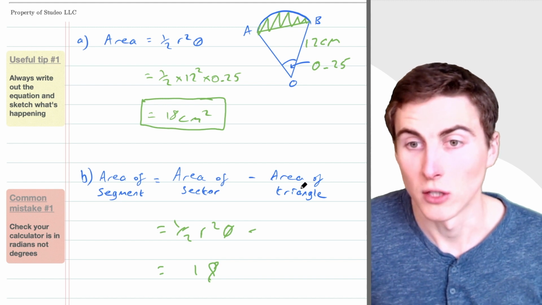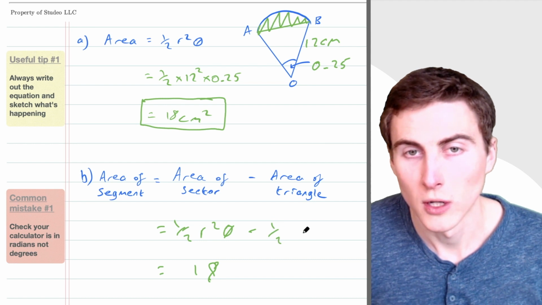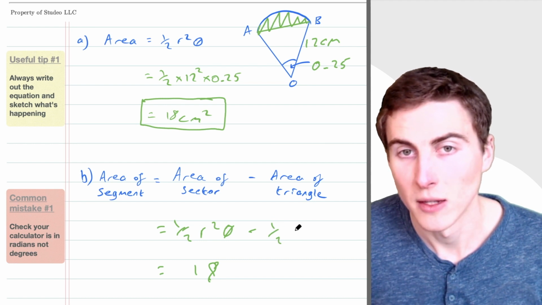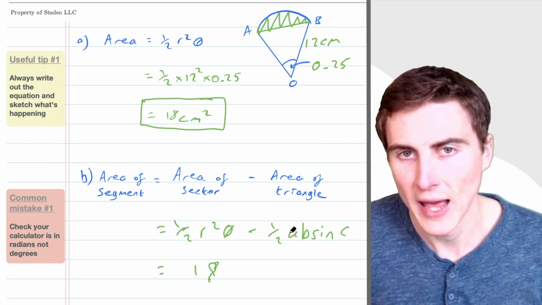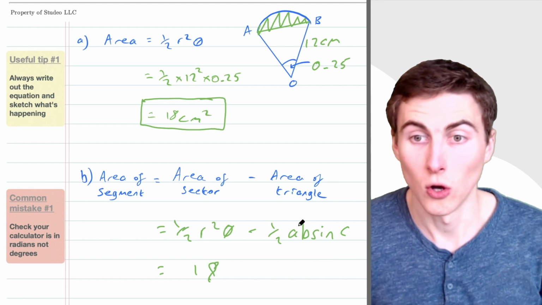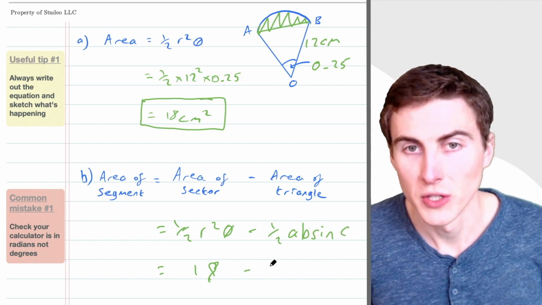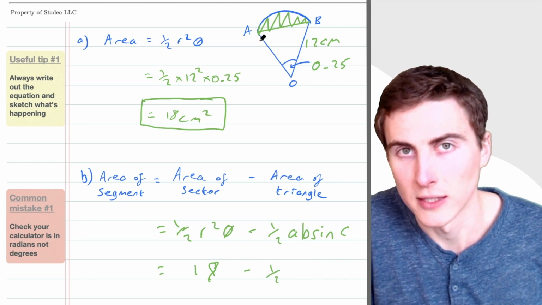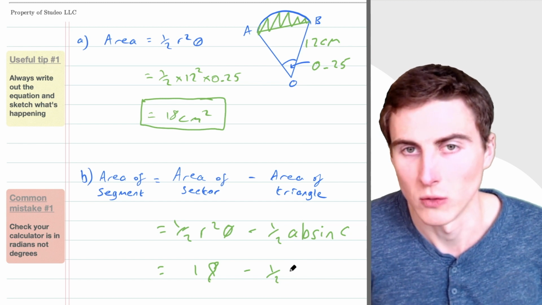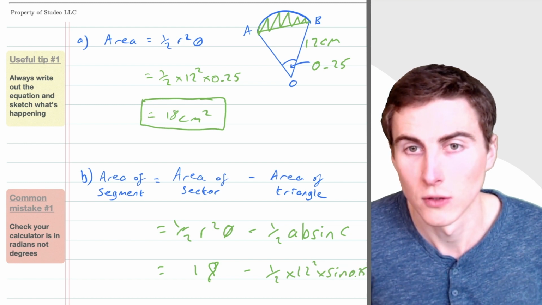And remember, to find the area of a triangle, if it's a kind of tricky one like this, you have to do 1/2 ab sine C, where a and b are two sides on either side of the angle C. So in this case, that would be 1/2 times this side and this side, which will both be 12, so it's 1/2 times 12 squared, times sine of 0.25.